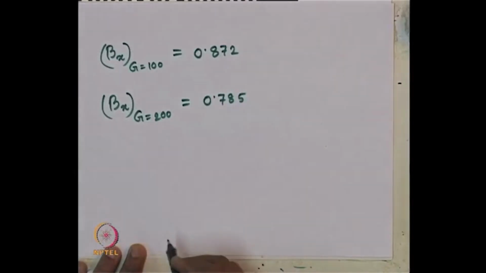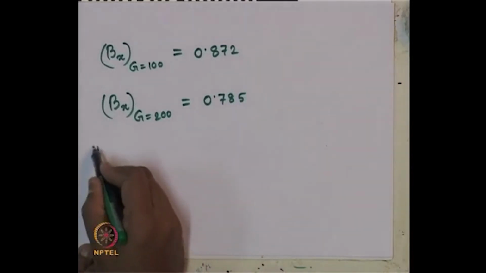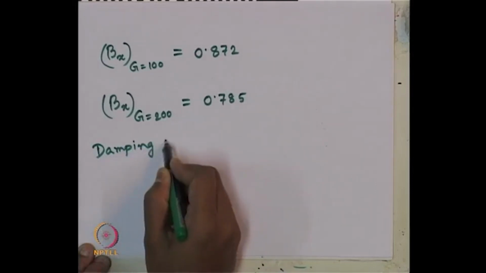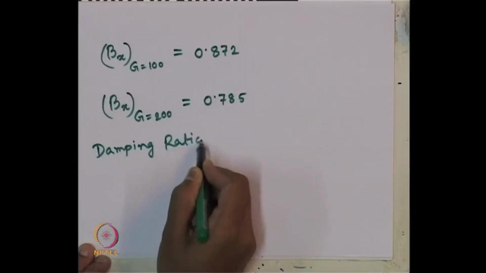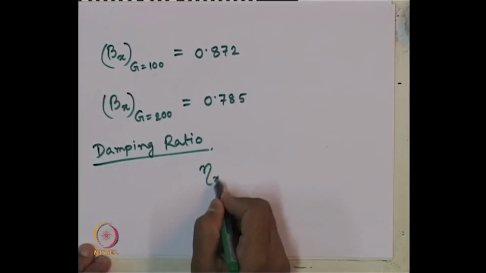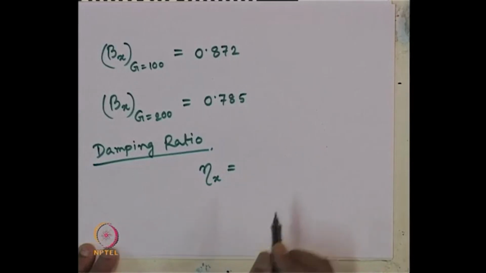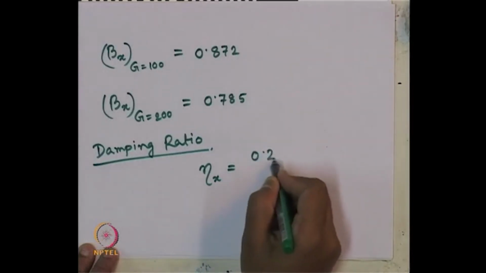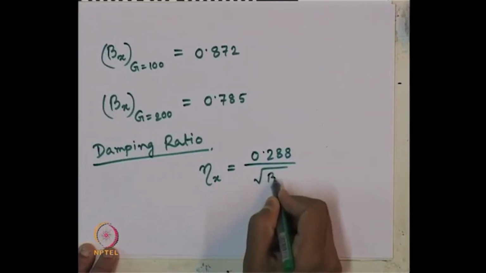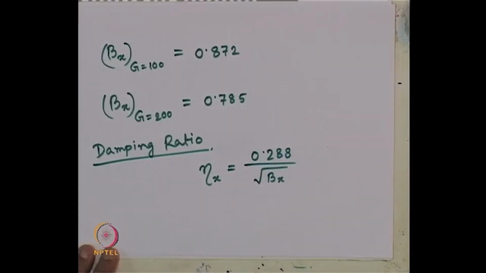0.785. Now, the next parameter we are going to calculate is the damping ratio. What is the expression? Eta x for horizontal mode of vibration is 0.288 by root over B x, right.